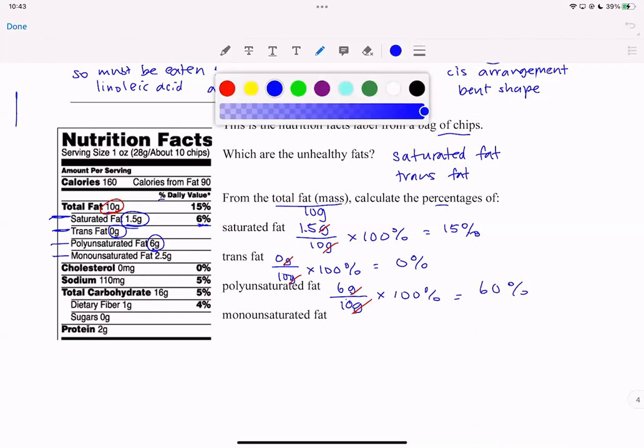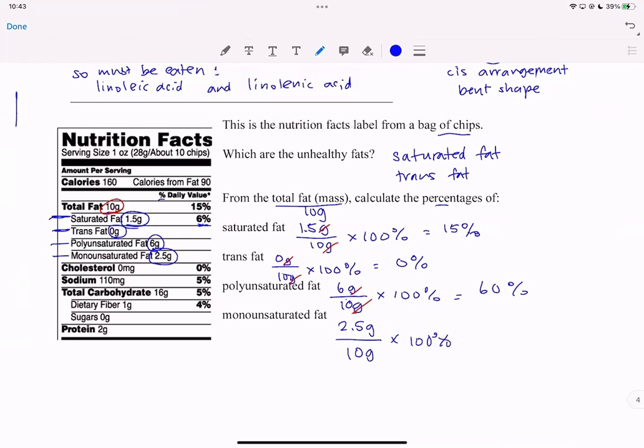And then the monounsaturated fat is 2.5 grams out of the 10 grams times 100%. And grams will cancel out. No, don't do that. Do this. And this calculates out to 25%.